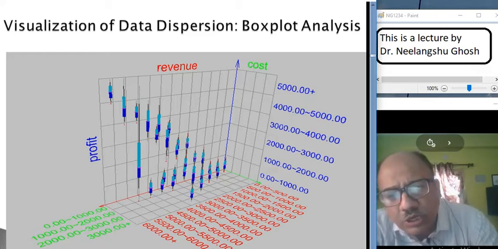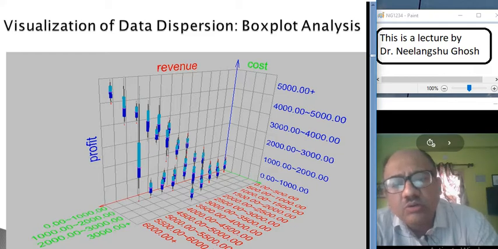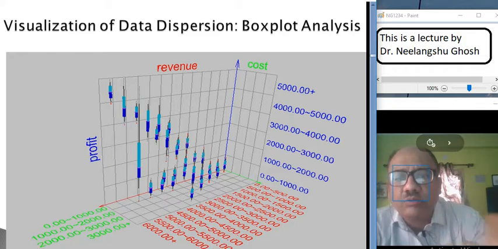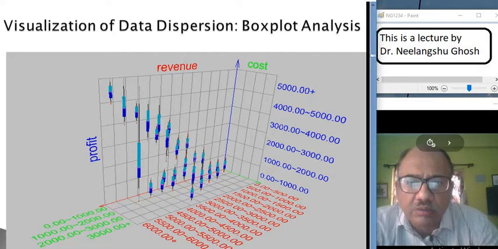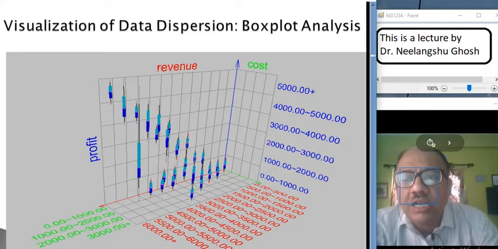The first smaller boxes are 0 to 1000, then it's 1000 to 2000. This particular part to the right is the cost, and to the base there is the z axis, this is the x axis, and this is the y axis, which is cost.